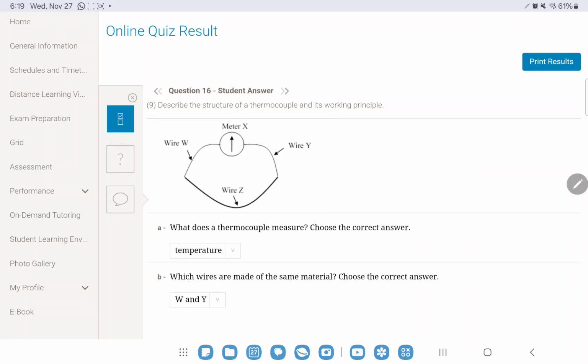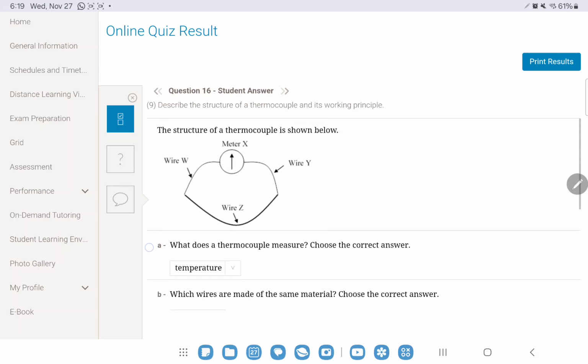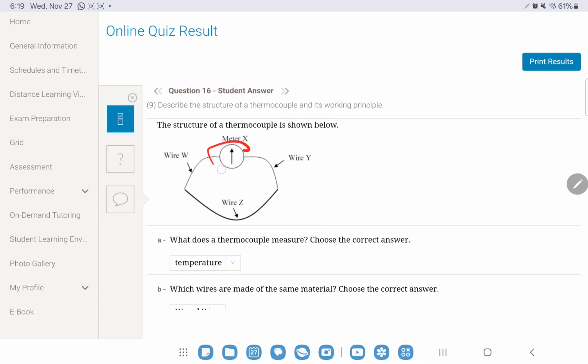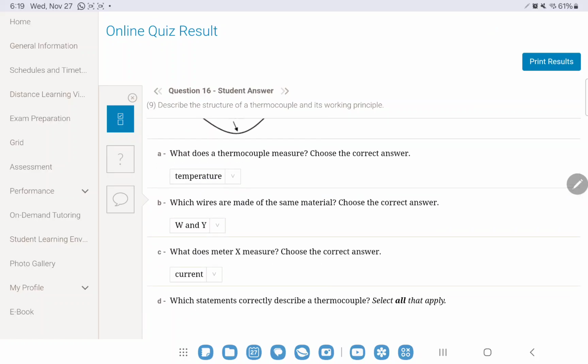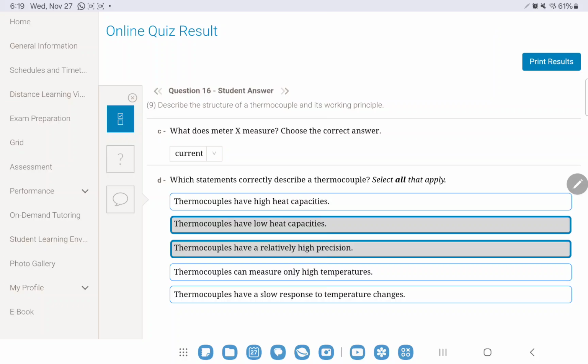Okay, here we have a thermocouple. What does it measure? Temperature. This is a known. Which ones are the same material? Y and W, because as you can see, they're the same thickness in the picture. So they're the same material. What does meter X measure? This is a galvanometer or an ammeter. It measures current. Which one correctly describes a thermocouple?